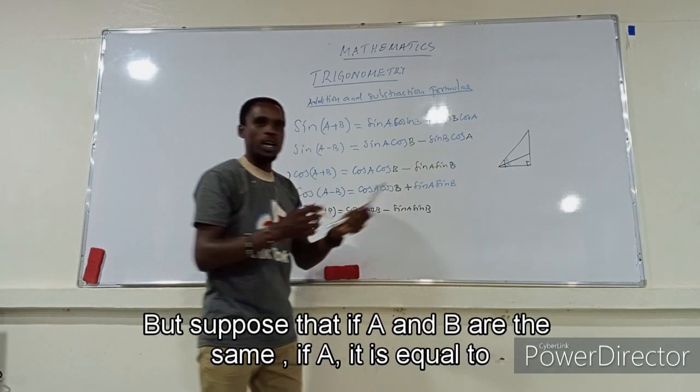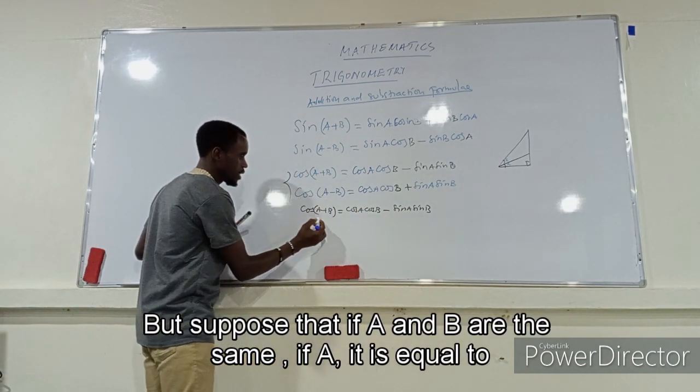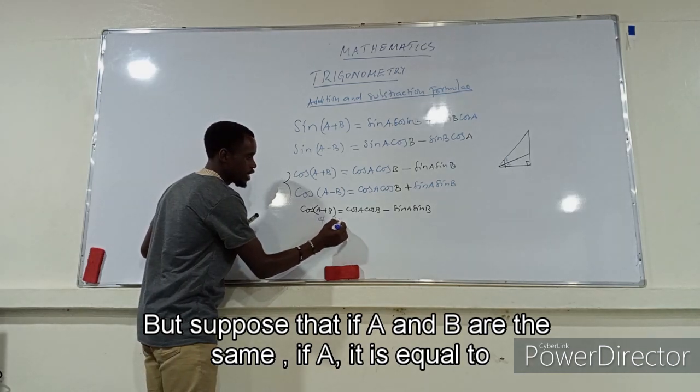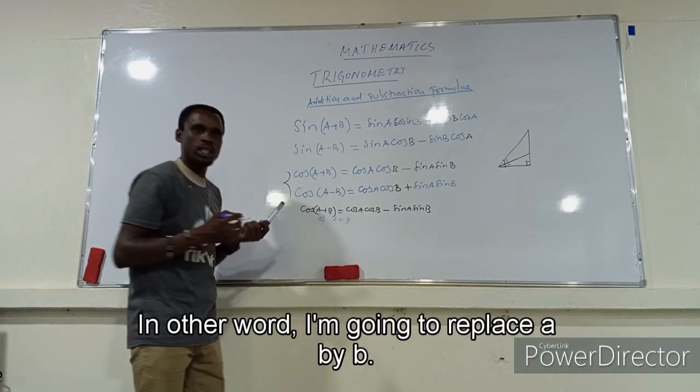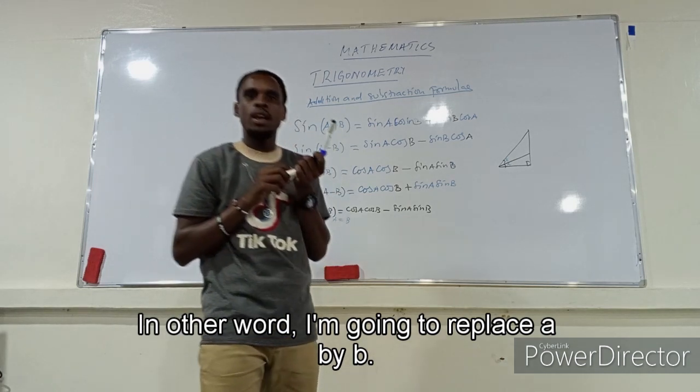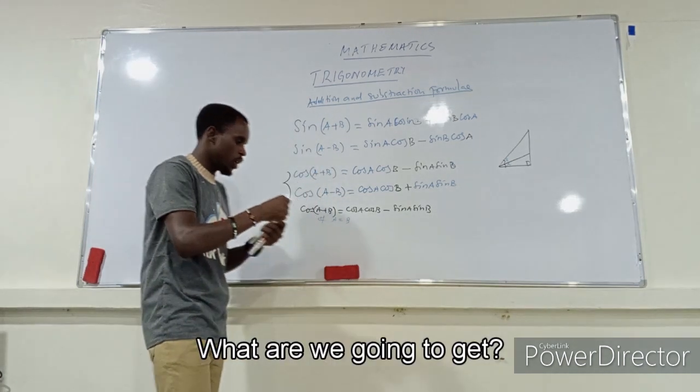But suppose that A and B are the same. If A is equal to B, in other words, I'm going to replace A by B. What are we going to get?